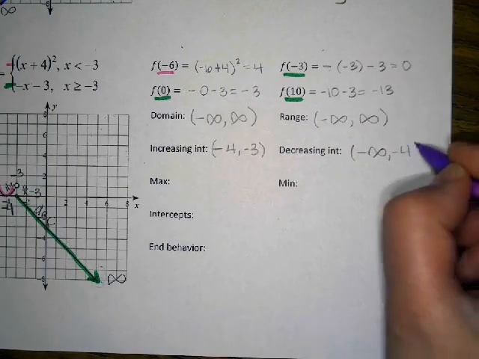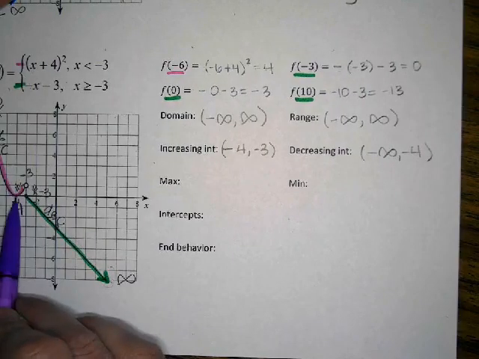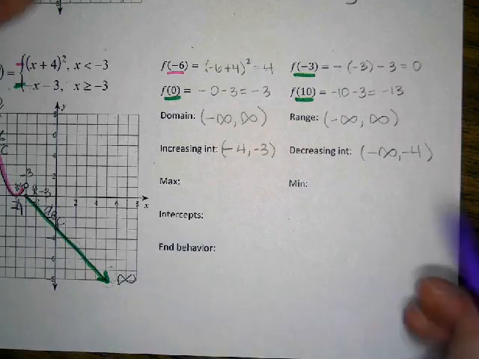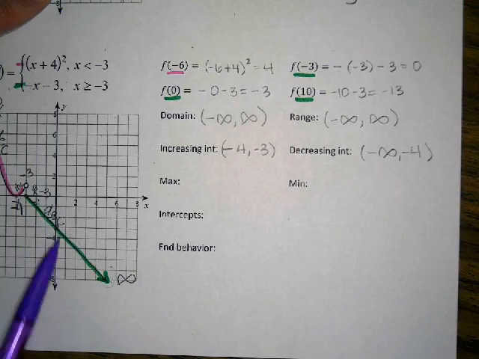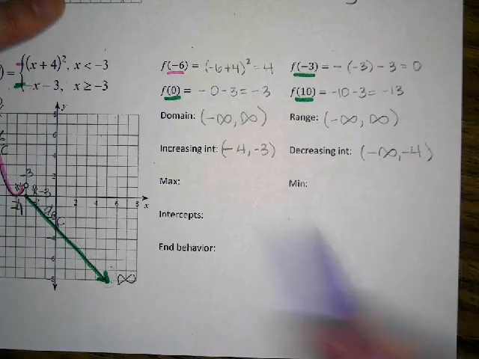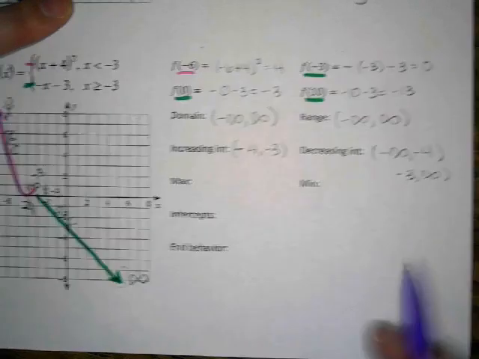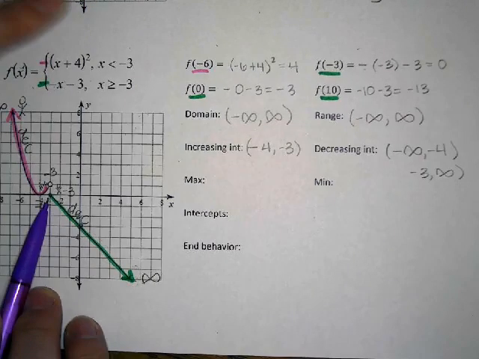It's in a neutral space. Okay, and then what should we put for this other decreasing answer? -3, infinity. Infinity is always a parenthesis. And then the -3, should that be a parenthesis or a bracket? Bracket. And if you put a parenthesis for everything, that would be fine as well.